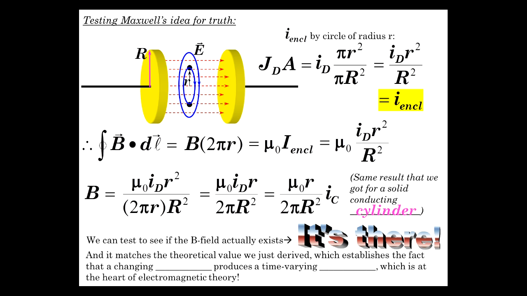What that does is establish the reality that a changing electric field produces a time-varying magnetic field as well. That statement is at the heart and soul of electromagnetic theory, which will all come together, be synthesized by Maxwell, and we will progress at least ankle deep perhaps in the development of that theory.